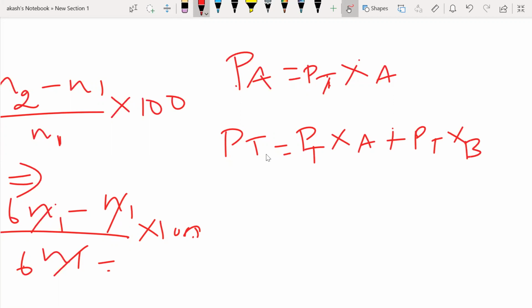That's what you have to use. But everything is in terms of mass, so you have to know how to use mole fractions.